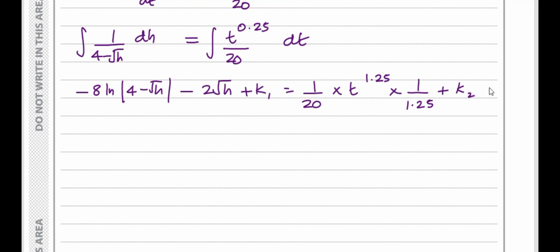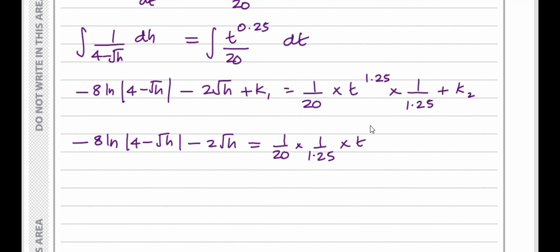So this is k1 and that is k2. Now that means minus 8 ln 4 minus square root of h minus 2 square root of h equals 1 over 20 times 1 over 1.25 times t to the power of 1.25. Let's say this k1 and k2 net off to a new constant c, which we will find out now.